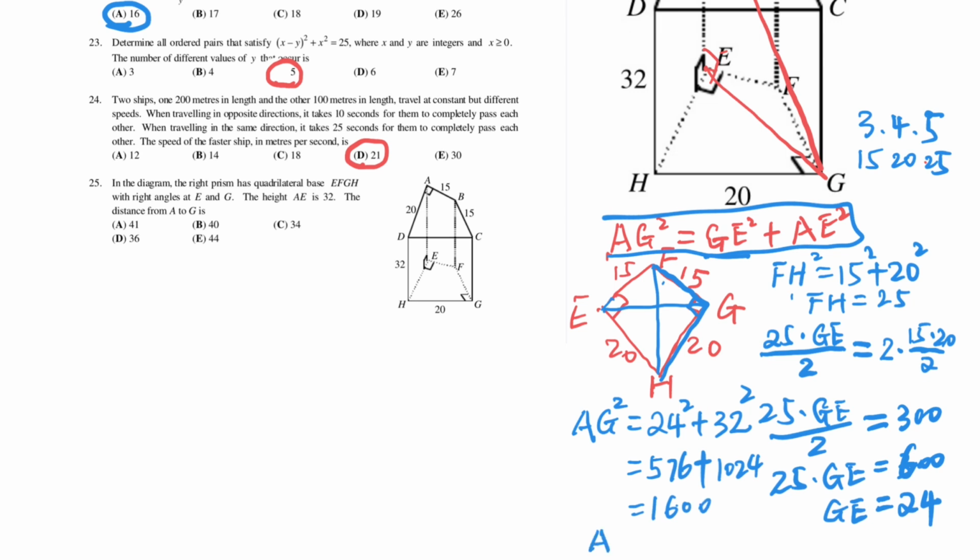Take the square root of both sides. AG equals the square root of 1600, which is 40. So the distance from A to G is 40. Answer B.